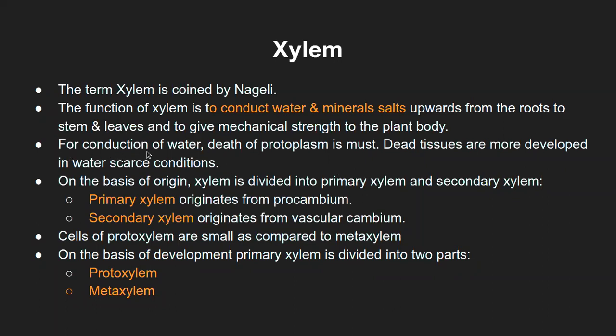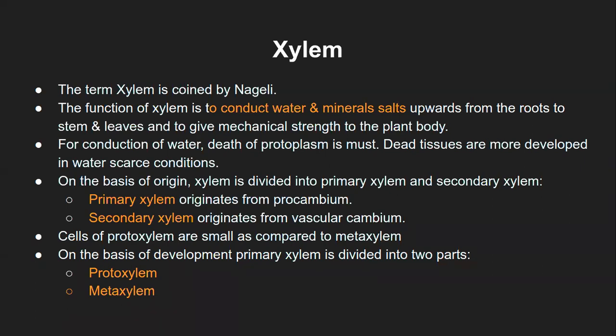So for conduction of water, the death of protoplasm is a must. Now again, this is something a little complicated. Protoplasm: proto means earlier, plasm refers to, you all know, cytoplasm, right? When the cell is about to form or about to make a new cell, that earlier version of cytoplasm is called protoplasm, right?